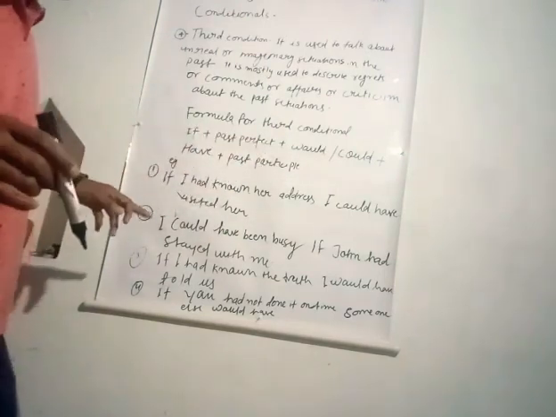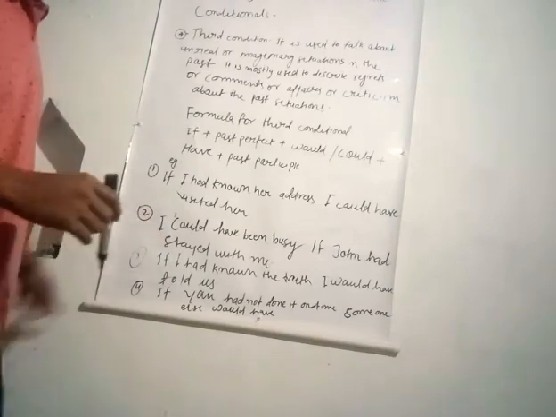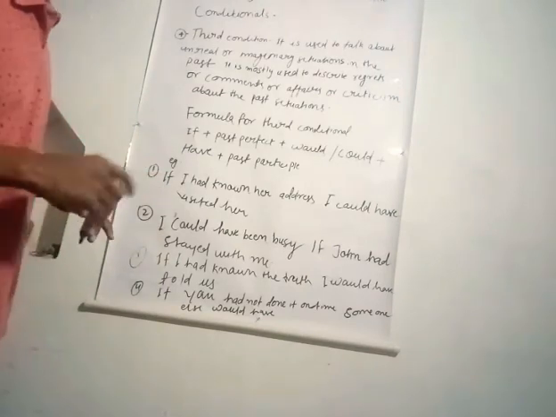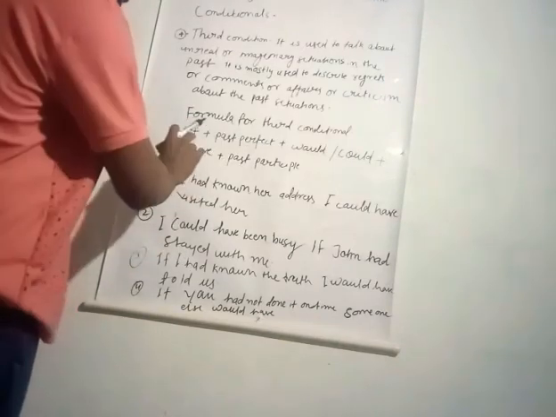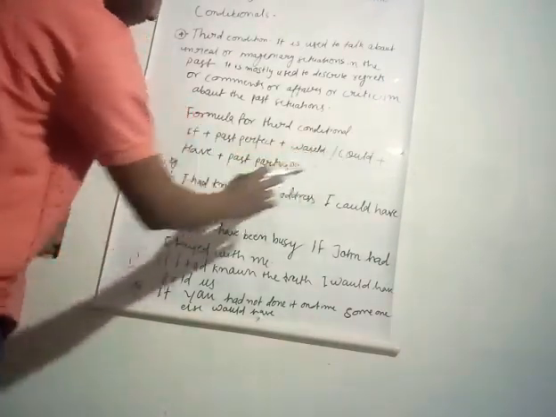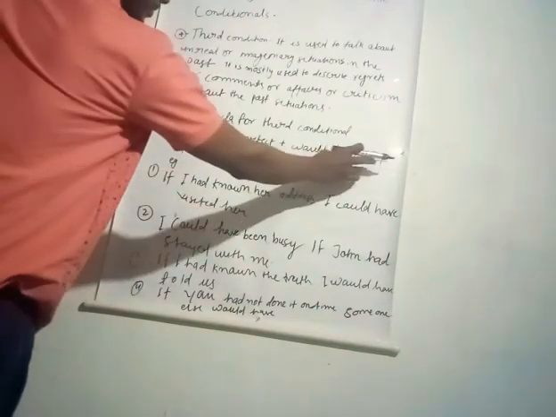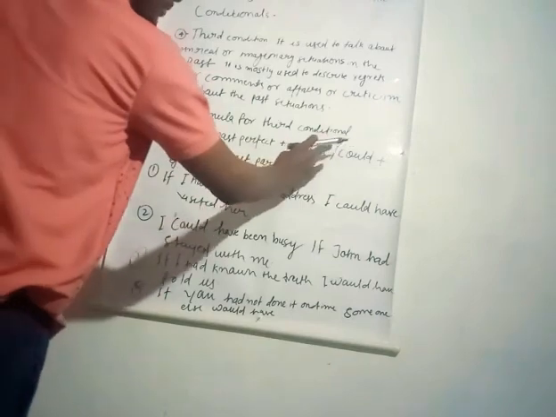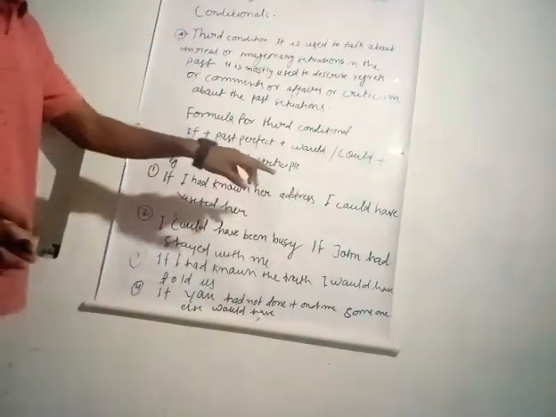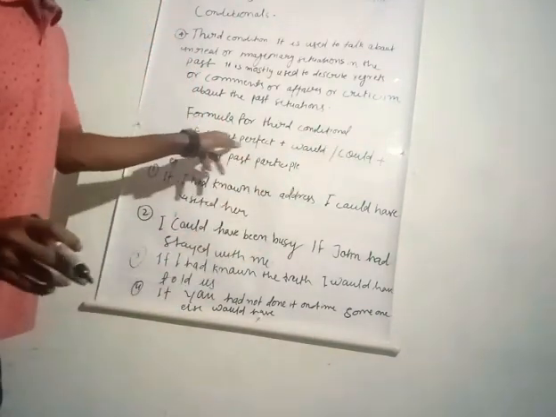So I think you have understood. Second example: we can also use this sentence in reverse order, would or could have plus the past participle, then if plus past perfect.